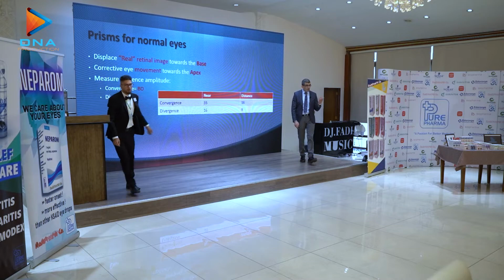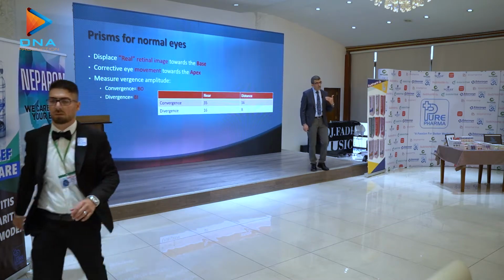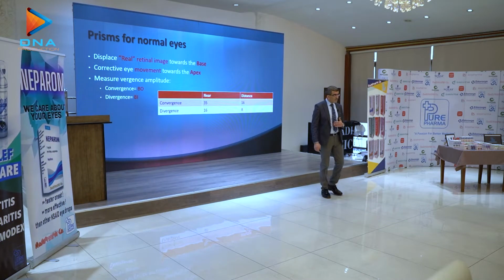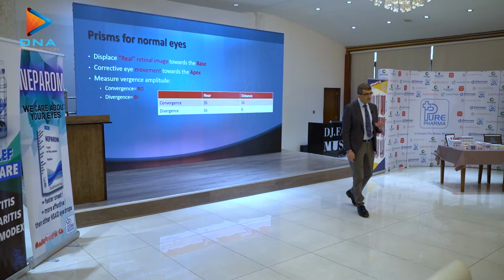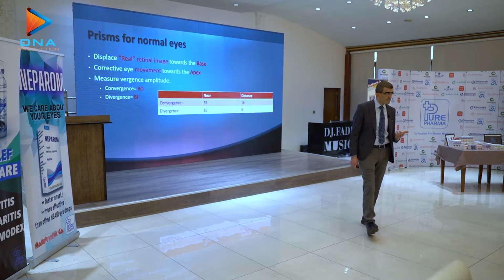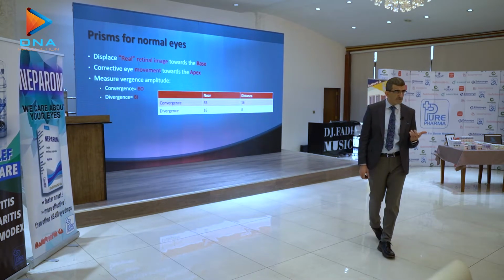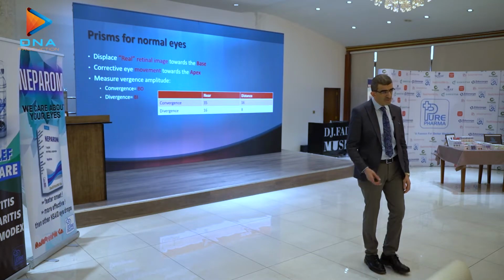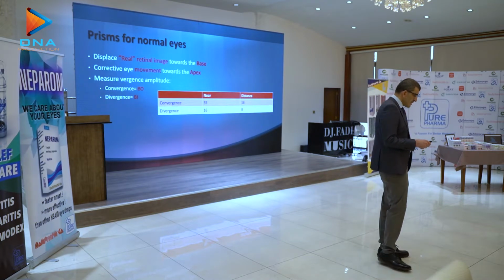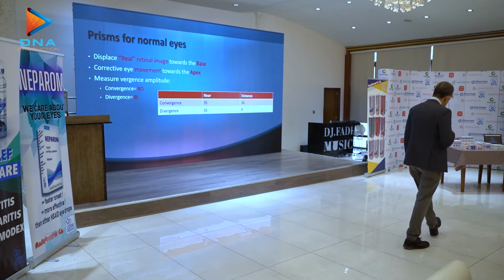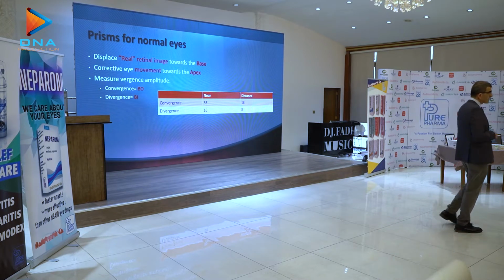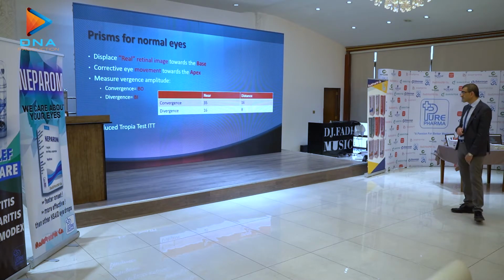And of course, as you all know, we have much less vertical fusion amplitude. That's why those who have acquired fourth nerve palsy, for example, cannot handle more than 2-3 prism diopters of strabismus, because we have very weak vertical convergence amplitude, okay?